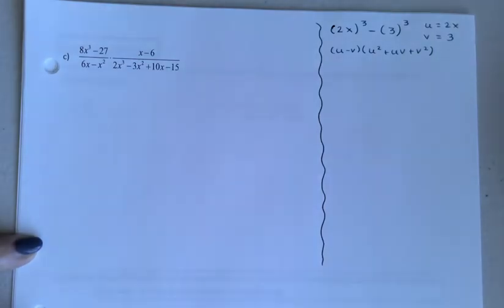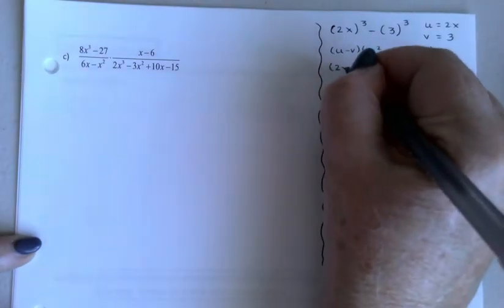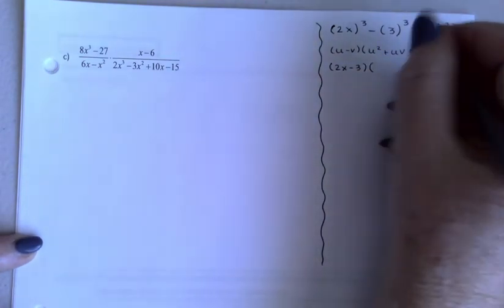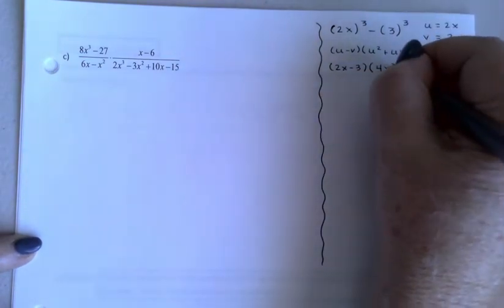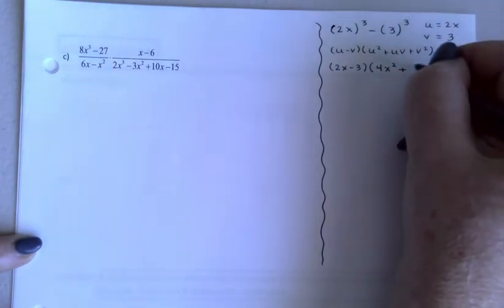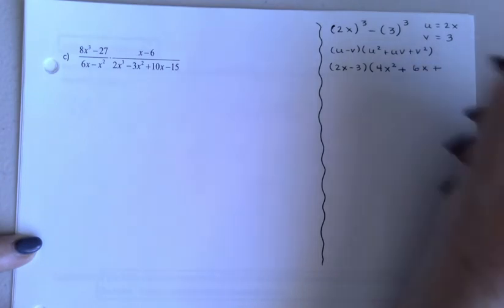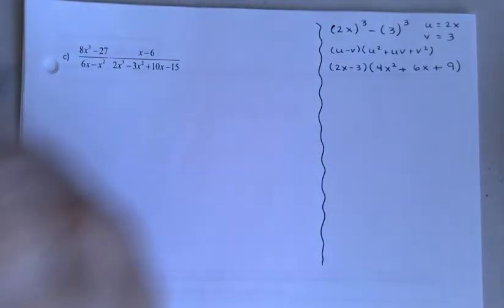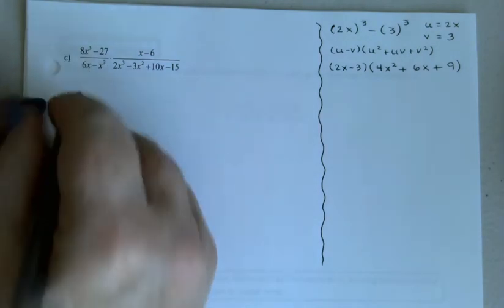So I'm going to get 2x minus 3. And let's see, u squared would be 4x squared. When I multiply u times v, I'm going to get 6x plus v squared, which will be 9. So that's the numerator of the very first fraction.